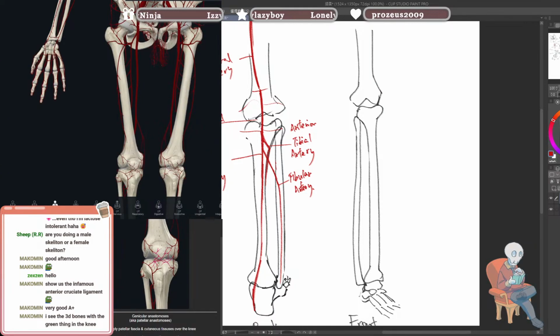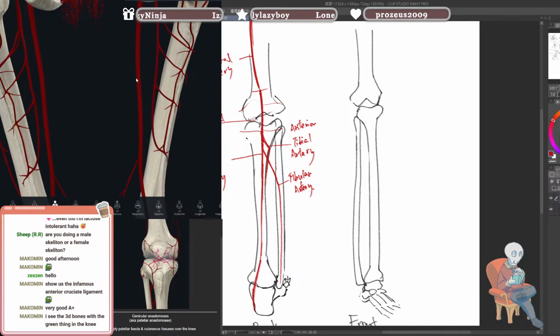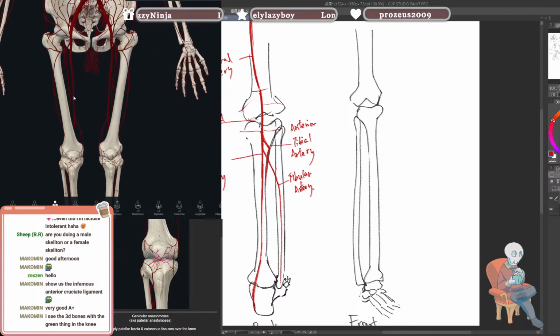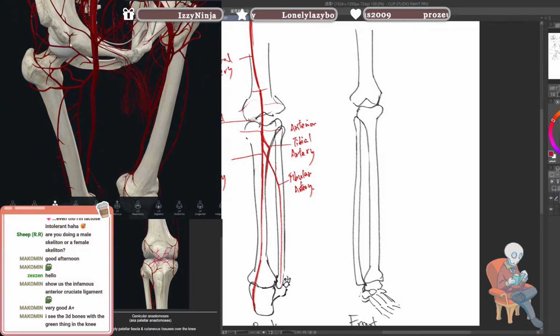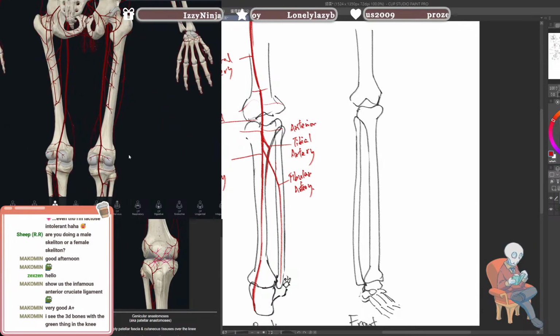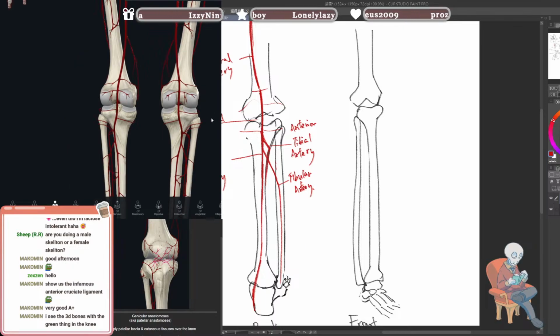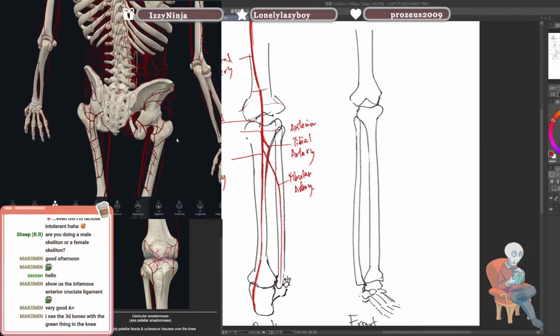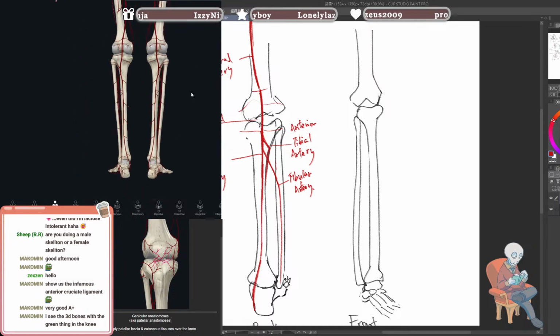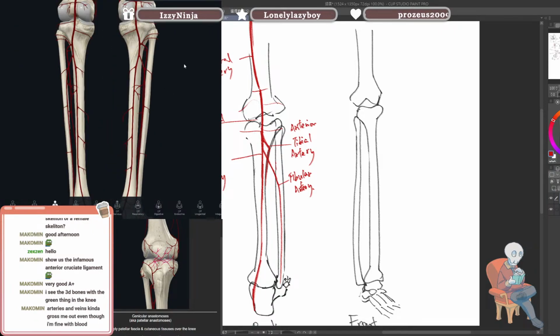Yeah, everything is just branched out from the femoral artery, and the super thick femoral artery extends from the top of your pelvic bone all the way down to the back of the thigh, and then along to the back of the knee, becoming the popliteal segment, down to the calves, becoming the tibial and fibular arteries.